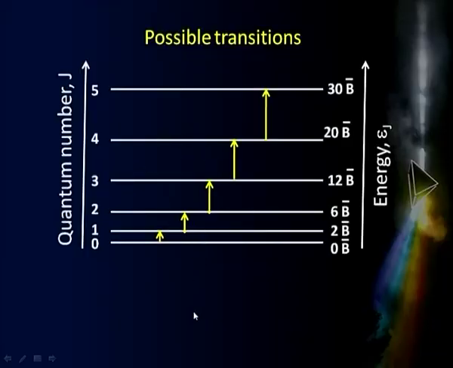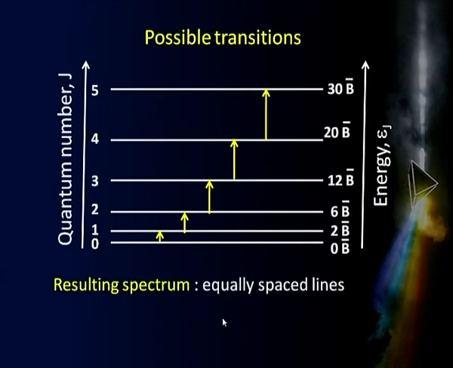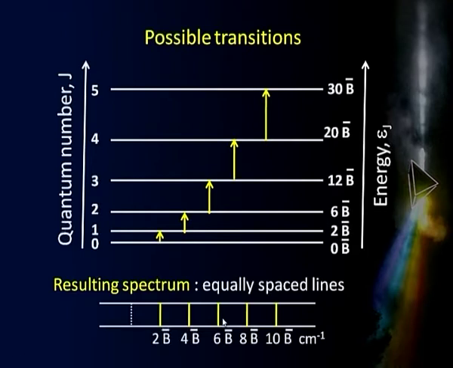Now, let us see the possible transitions. As I just mentioned, delta J is equal to plus 1 or minus 1. I am showing the transitions for delta J equal to plus 1. The first transition I will observe will be from 0 to 1, next from 1 to 2, 2 to 3, 3 to 4 and so on. The resulting spectrum will be something of this kind. This is my 0.